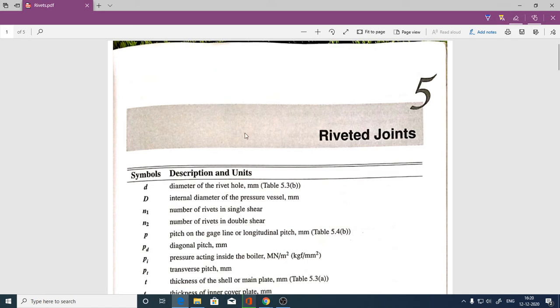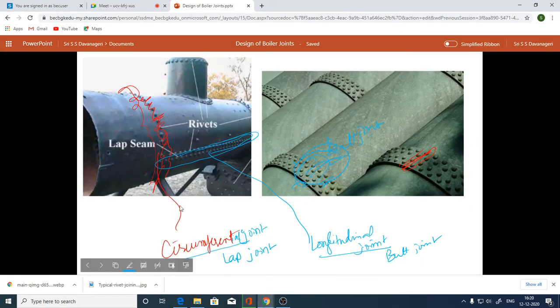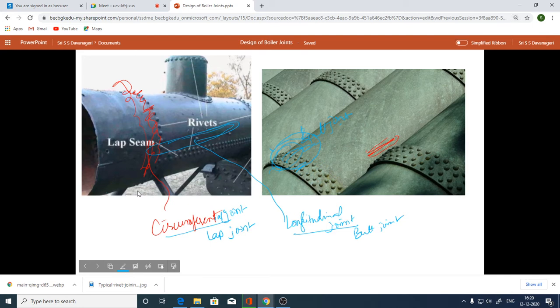Now let us go for here. Now how the design is done for boiler joint.